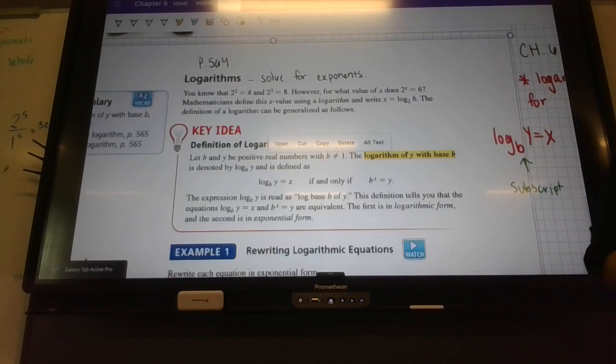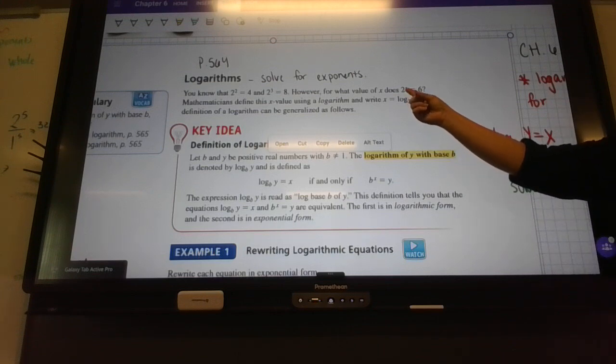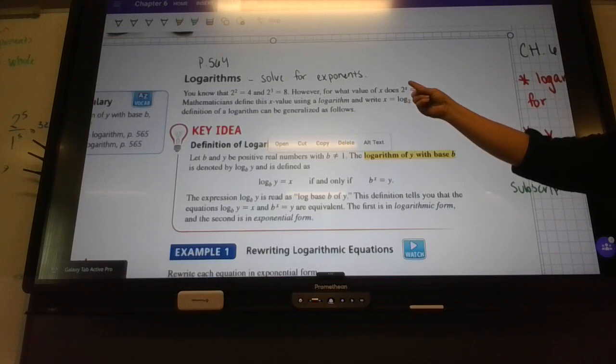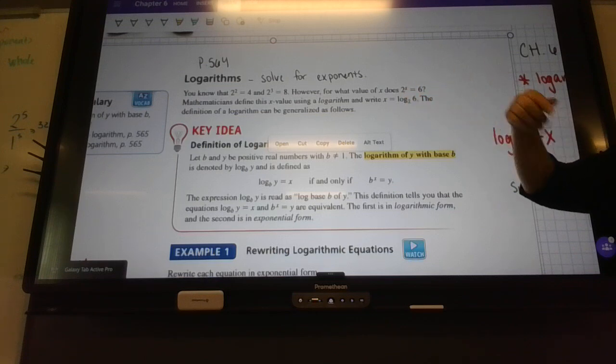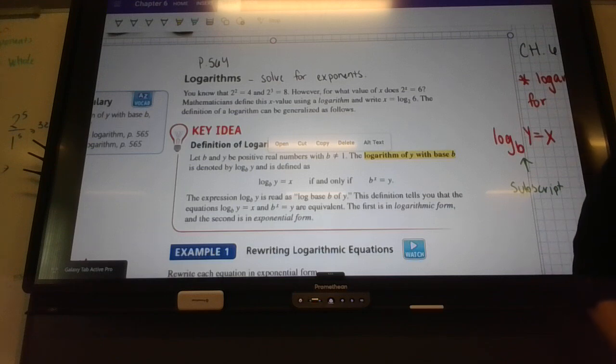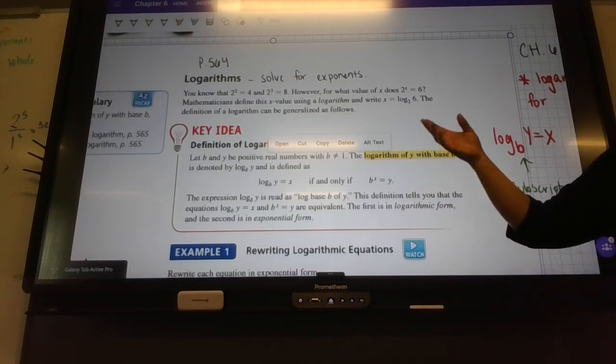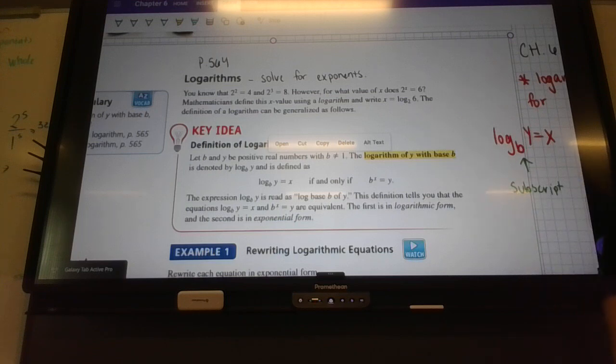Less than 100 years ago there were published books of the exponents that people would go back and use. Someone did it by hand, and we would just turn pages in books and find 2 to the 2.1, 2 to the 2.2, 2 to the 2.3, and use whatever number led us to 6. But now our calculators do it, and this thing called a logarithm is going to help us get to the answer.